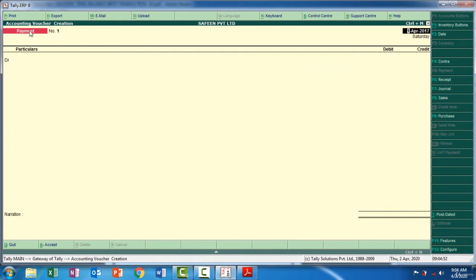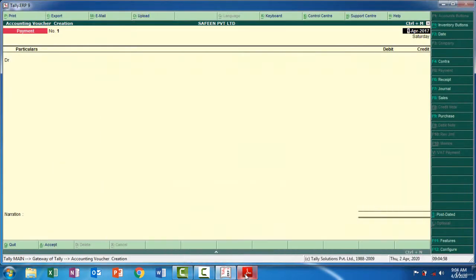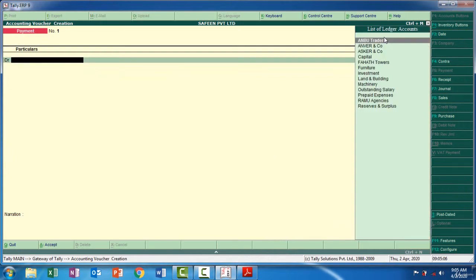The first one is the payment voucher. First I need to change the date. The date is April 1st, so I don't need to enter the date because it's already defaulted to 1st April. The debit is advertisement.